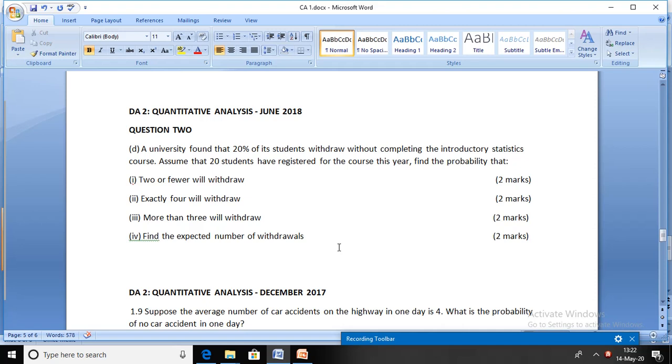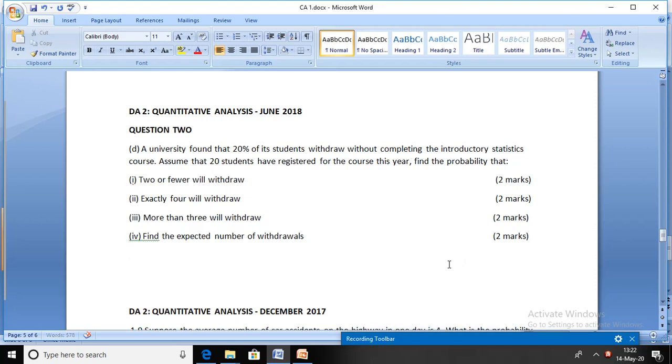A university found that 20% of its students withdraw without completing the introductory statistics course. Assume that 20 students have registered for the course this year. Find the probability that... Okay, so as usual, you need to first decide which probability distribution you're going to use. Looking at the question, the university found that 20% of its students withdraw without completing an introductory statistics course.